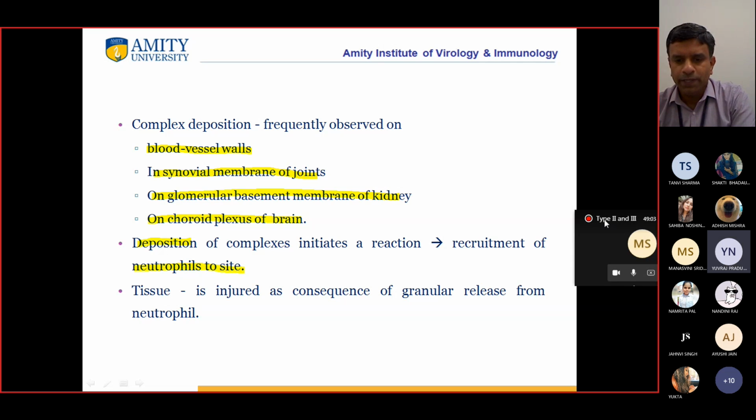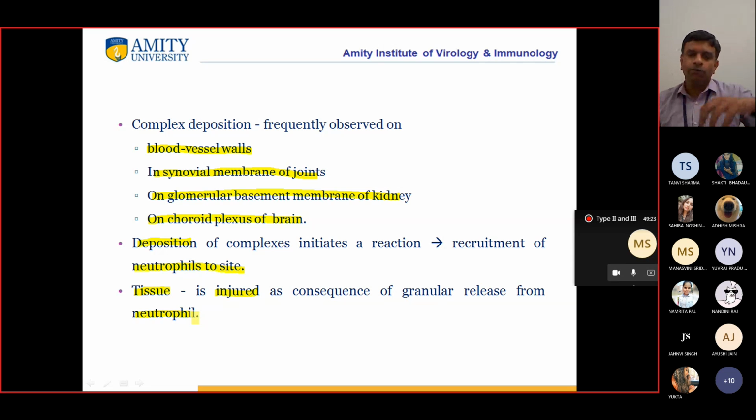Okay, so when these neutrophils reach that site, neutrophils are granulytic cells, right? So in this case the tissues get injured as a consequence of granular release from the neutrophils, right?